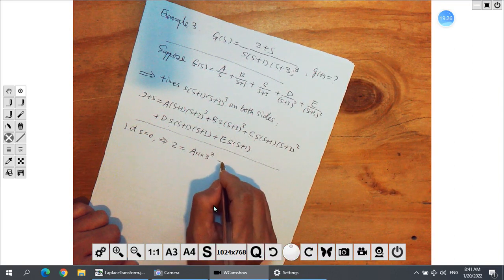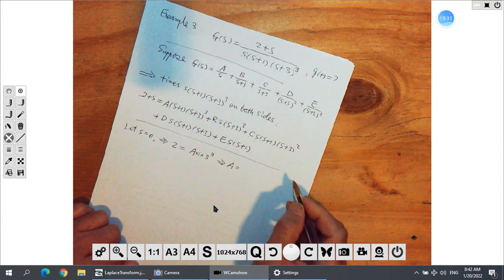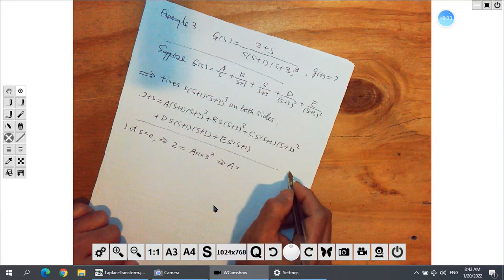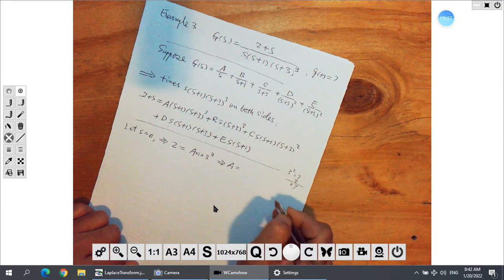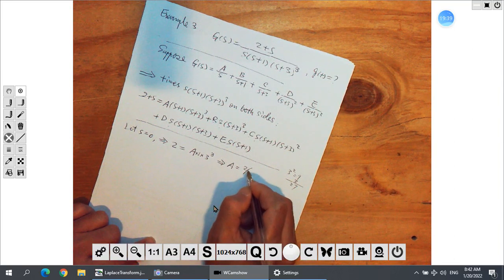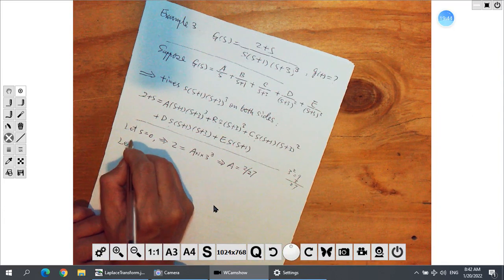Then A equals 2 over 3 cubed. 3 cubed is 27: 3 times 3 is 9, times another 3 is 27. So A is 2 over 27.